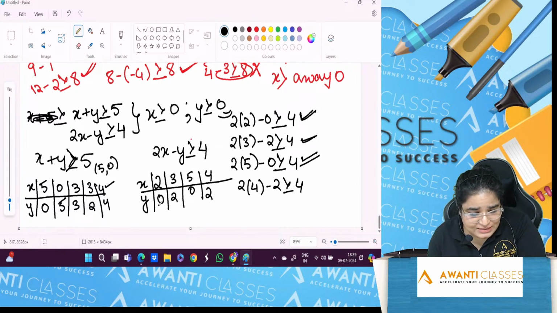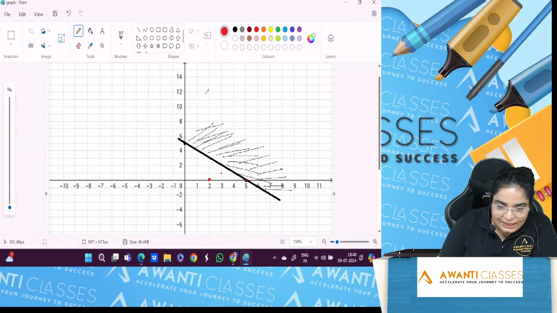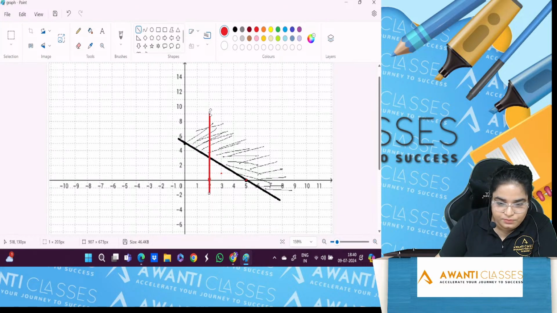So, when y is 0, these are the minimum values. Yes or no? Because here x and y cannot be less than 0. So if y is 0, the minimum x has to be 2, because this has to be greater than or equal to 4. So x has to be 2, 2 2s are 4. So the line here will be this.